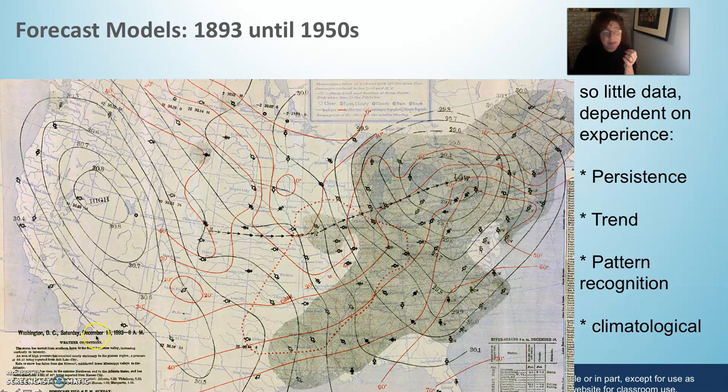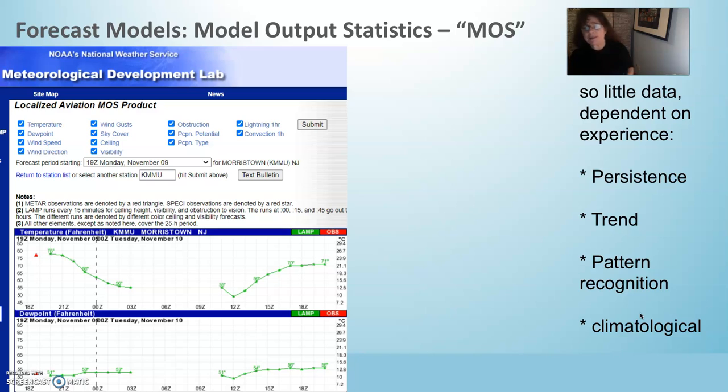This is in December of 1893. They already had an awareness of cold air moving down from Canada. Of course, they had no understanding of the jet streams that were bringing that down, but you begin to see it. You also begin to see the beginnings of a subtropical jet stream, although they had no understanding of what that meant. This is climatological patterns that they're forecasting from, just from experience and a little bit of data.